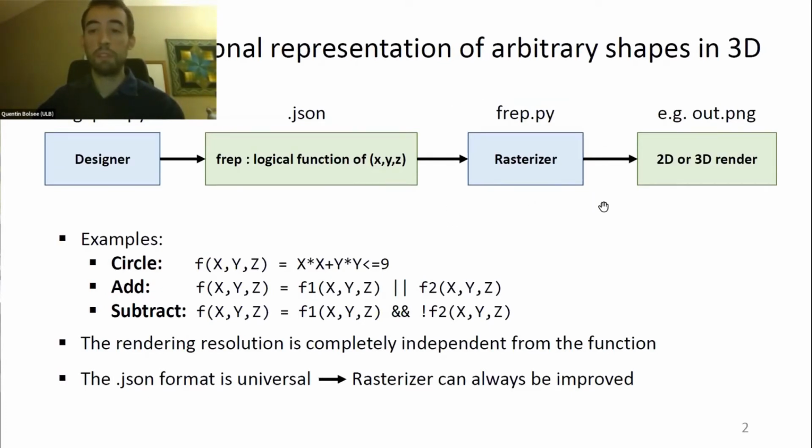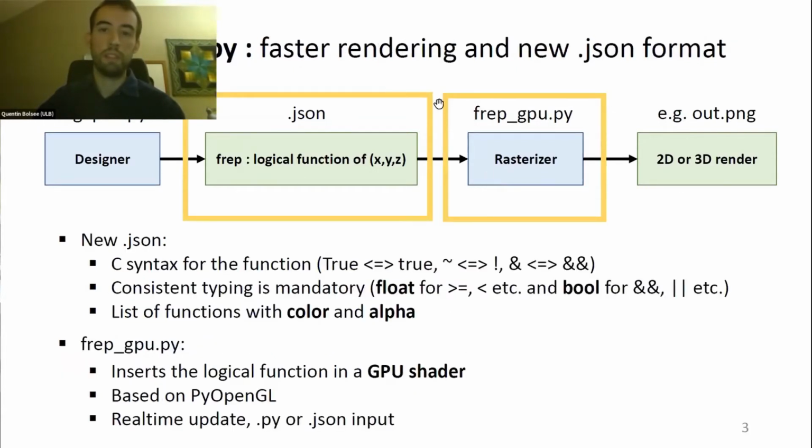It was pretty fast because it was using NumPy, so there was still CPU vectorization, but GPUs are even better for that. Nowadays you have thousands of cores on a GPU. They are very dumb, but as long as the code is relatively short, they can perfectly do it in real time even. So that's why I was excited to parallelize FREP on the GPU.